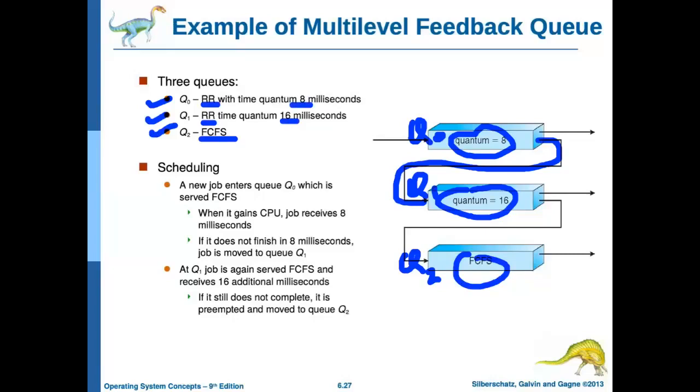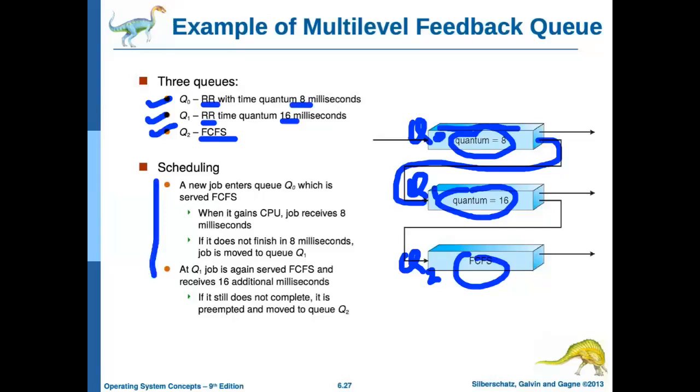And now how scheduling happens is mentioned here. Whenever a new job enters Q0, within this queue, when it gains the CPU, the job receives 8 milliseconds.